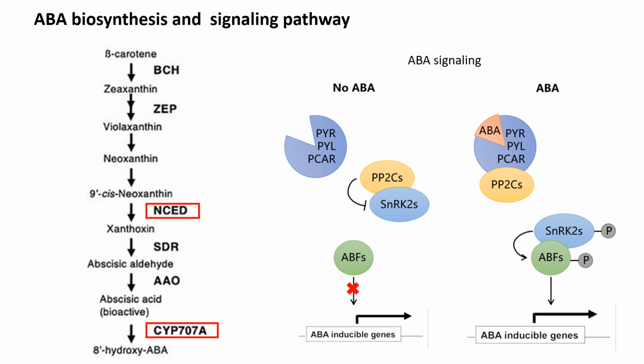Enzymes belonging to the cytochrome P450 monooxygenases called CYP707A are responsible for hydroxylating the bioactive abscisic acid to form a catabolic product, 8-hydroxyabscisic acid. So NCED and CYP707A are important enzymes which regulate the levels of abscisic acid in a cell.